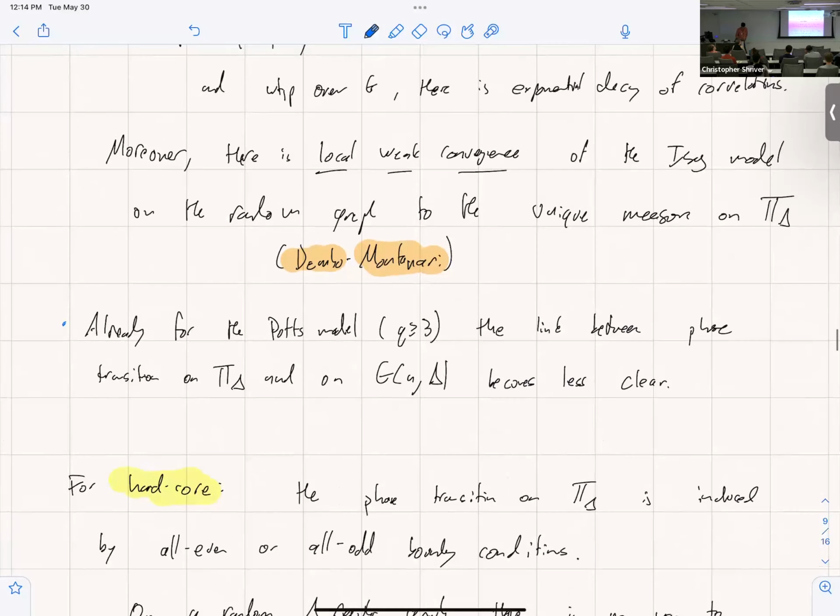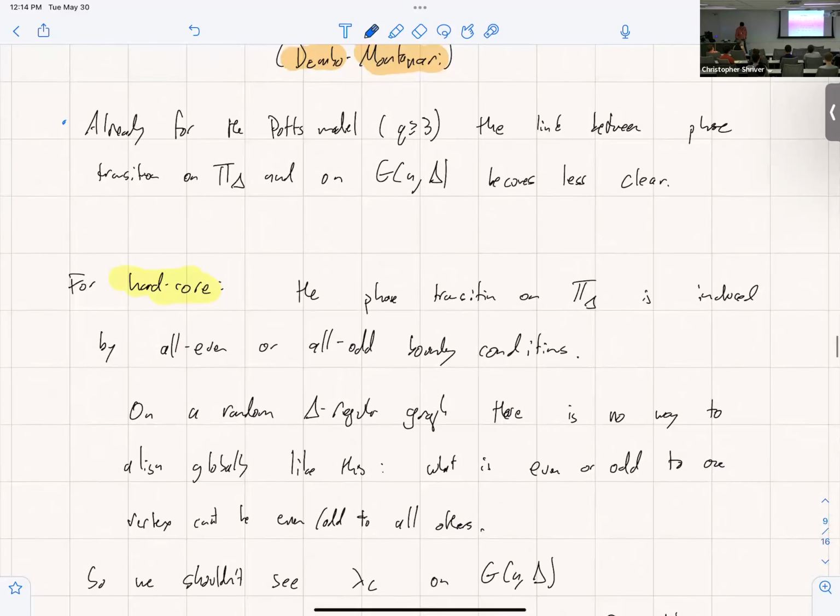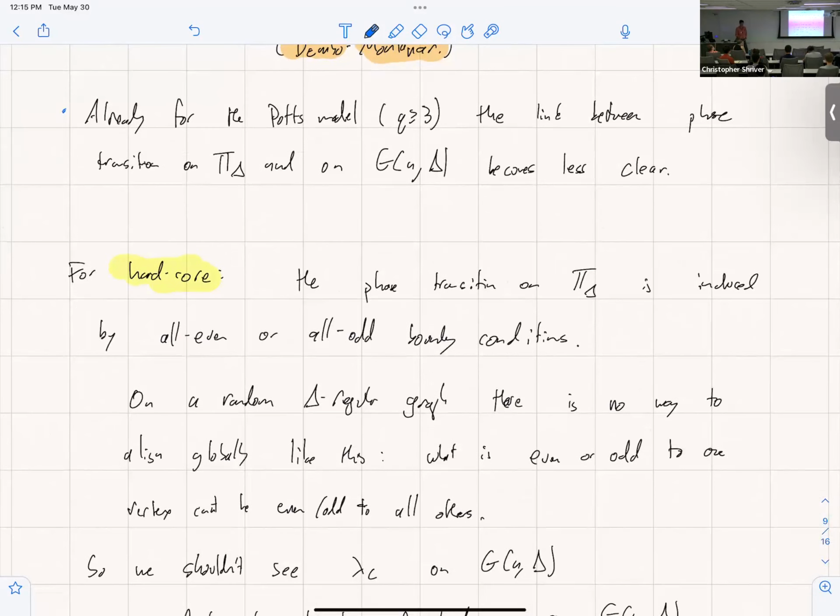So what happens in hardcore? Remember for hardcore, how did we get the phase transition on the infinite tree? We put either all odd occupied or all even occupied boundary conditions, and we asked whether that changes what happens at the root. Now try to simulate this on the random graph. You want every vertex to notice that there are some even occupied vertices or odd occupied vertices.